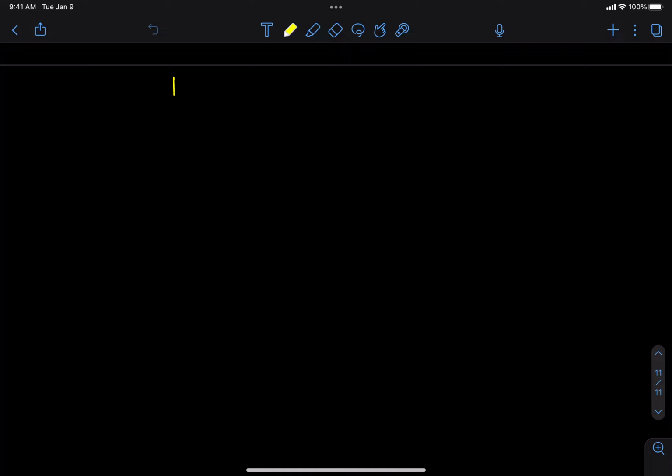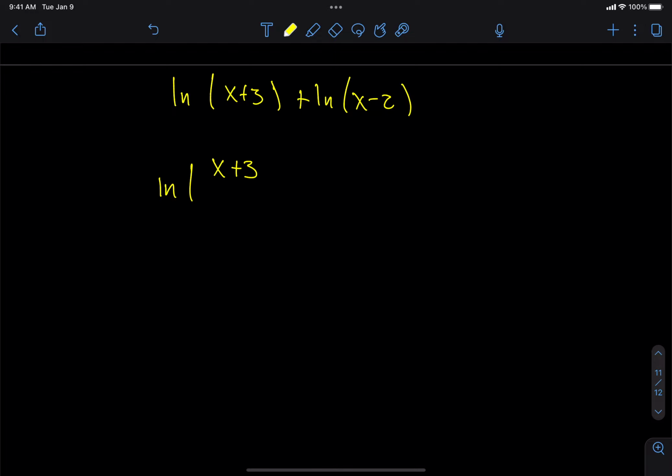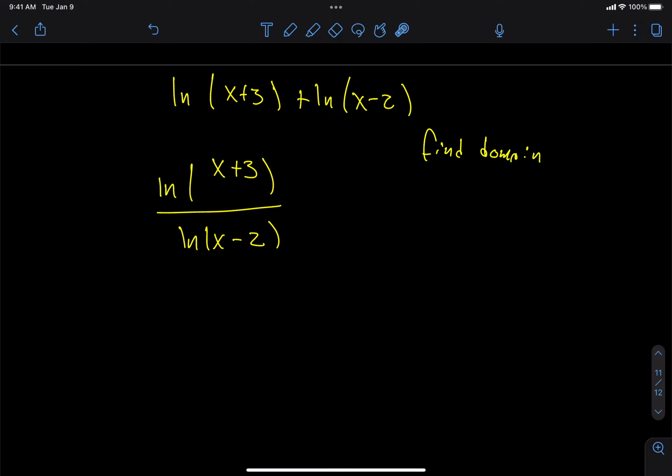Okay, let me just say now, I'm not going to put something like this on the exam in terms of find the domain. I will not ask you a question like this.